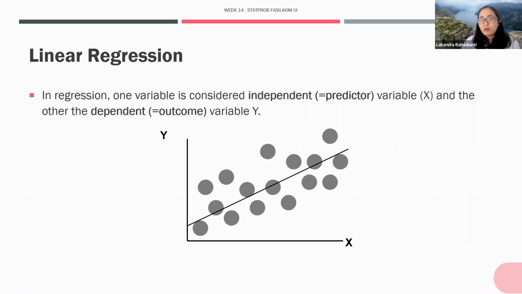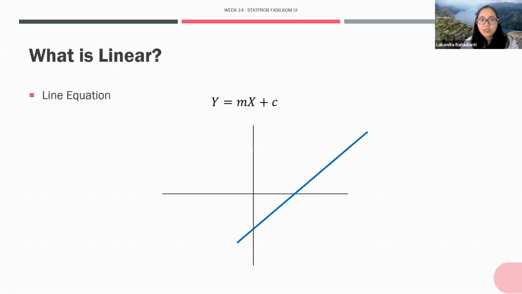So a familiar face has come out here, linear regression. What does linear actually mean? Linear means it can be approximated using a line. Please recall that this particular line can commonly be written as y equals mx plus c when we're talking about the context of variables x and y.